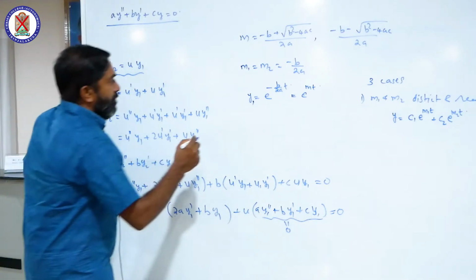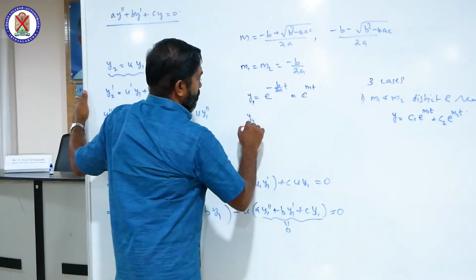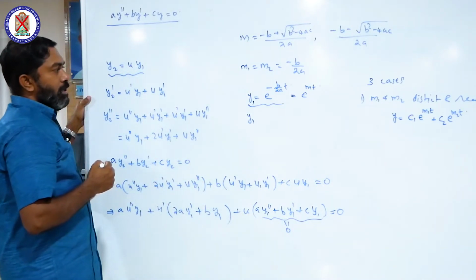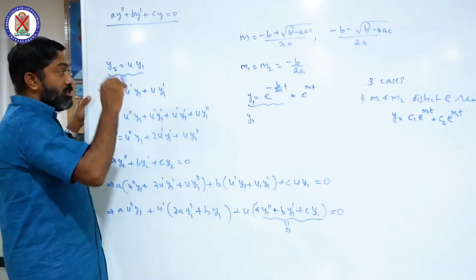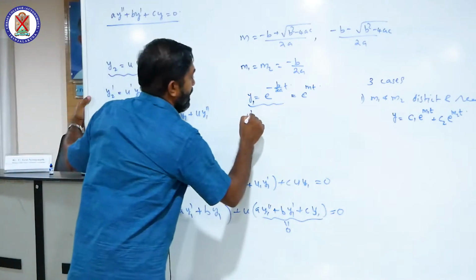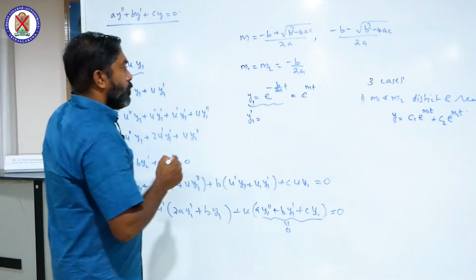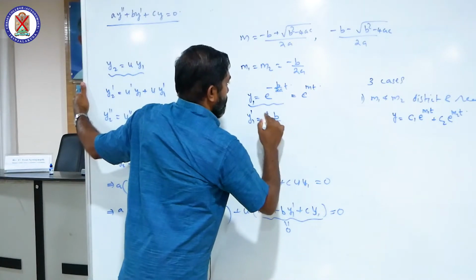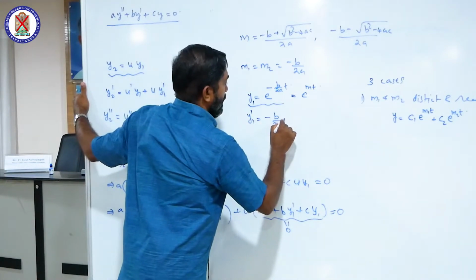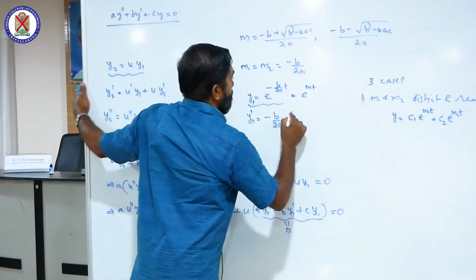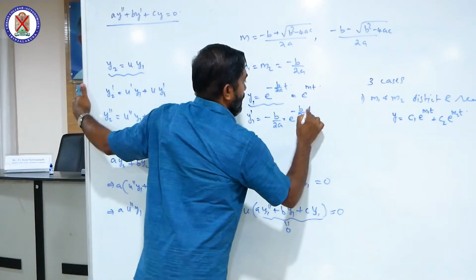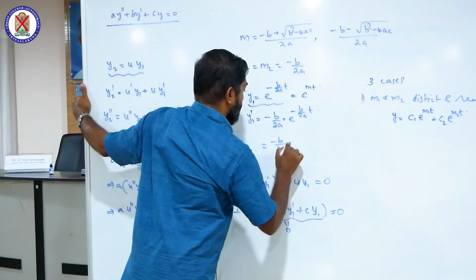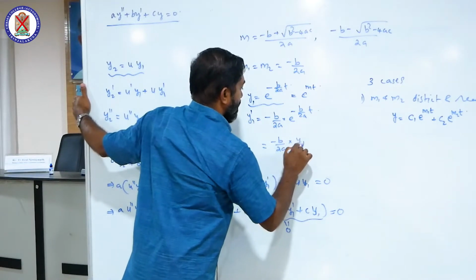Also we have y1 equal to e raised to minus b by 2a t. So what will be y1 dash? This is equal to minus b by 2a into e raised to minus b by 2a t. So this is equal to minus b by 2a into y1.